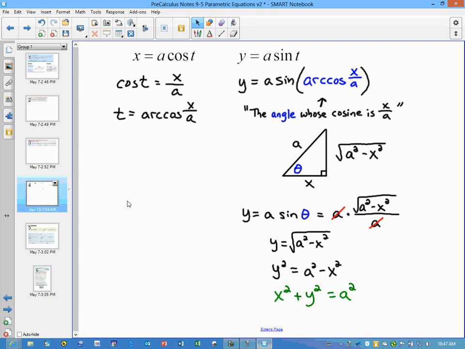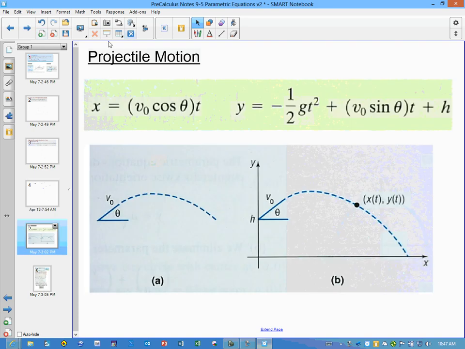All right, the other big usage of these parametric equations is going to be projectile motion. And if you remember from physics, you've seen these two equations in physics, which means you've actually dealt with parametric equations already, just they weren't called parametric equations. So in physics, projectile motion is any motion that is acted upon by gravity.